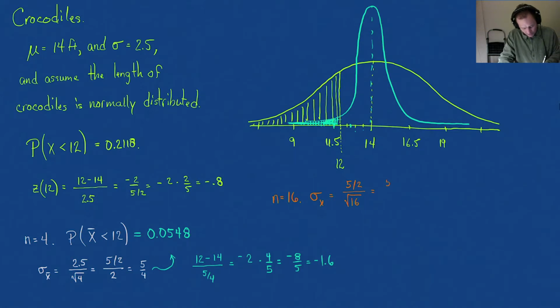This is going to be 5 eighths. So when I calculate the z-score now for 12, that's 12 minus the 14 divided by 5 eighths.